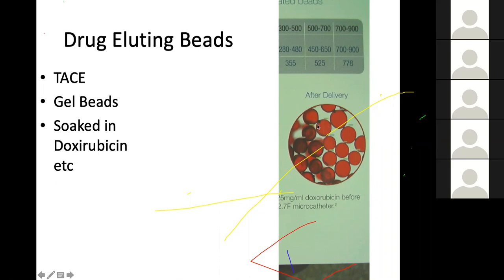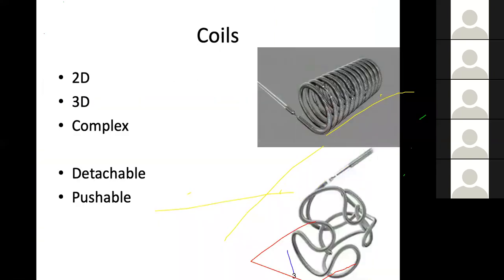So the advantage is when we put them, let's say in a hepatocellular carcinoma, they get deployed inside the tumor, and very gradually they diffuse out the medicine that has been absorbed or adsorbed into them. That is why these drug eluting beads are used for delivering a chemotherapeutic agent like doxorubicin in hepatocellular carcinoma.